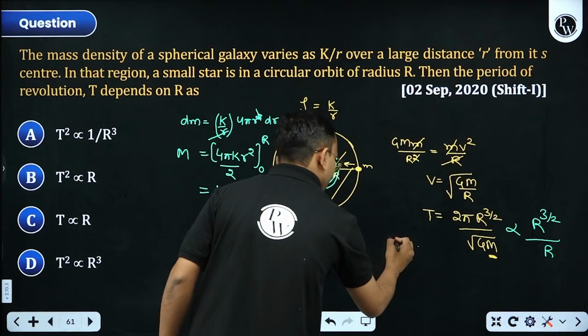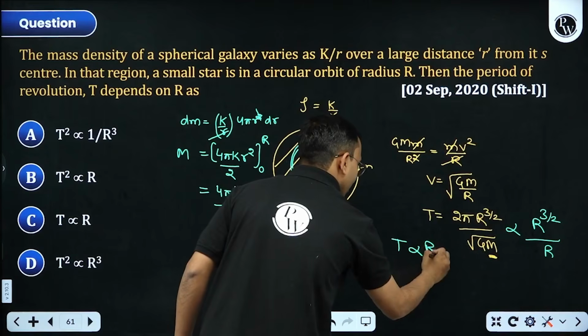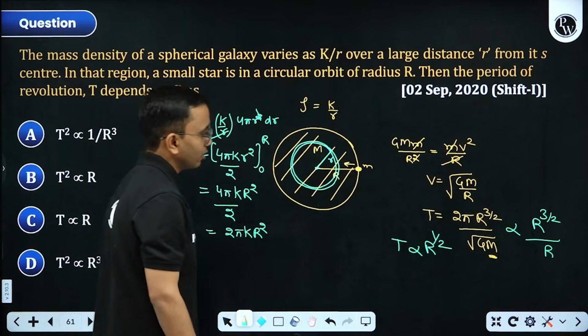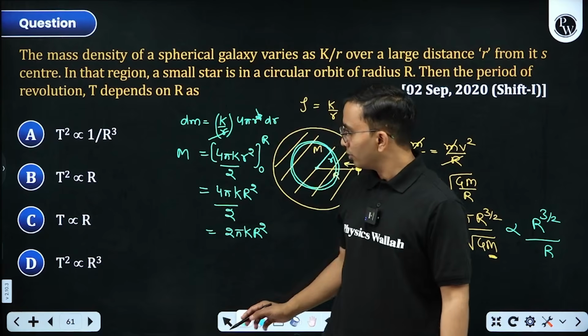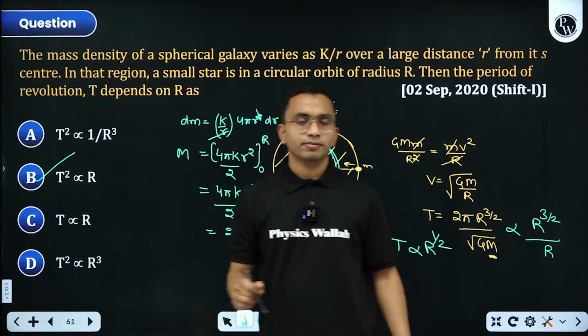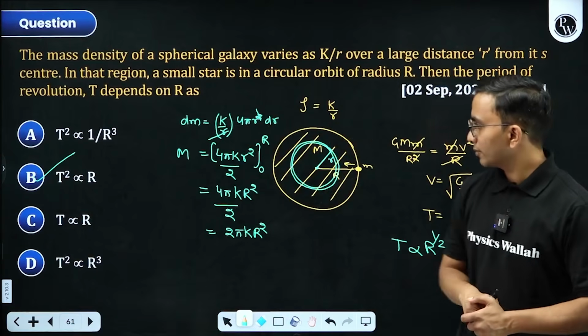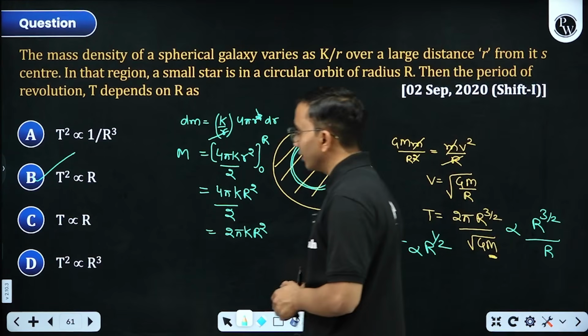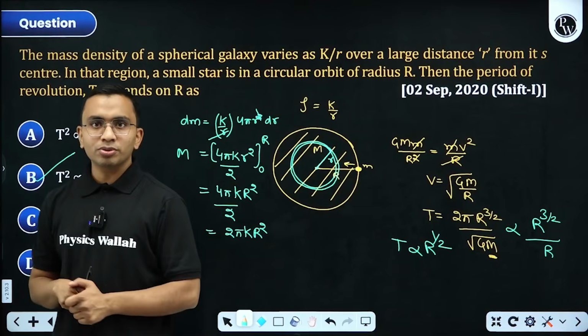So T is proportional to r to the power 1 by 2. It means T square is proportional to r. Option B. Is this clear? T square is proportional to r.